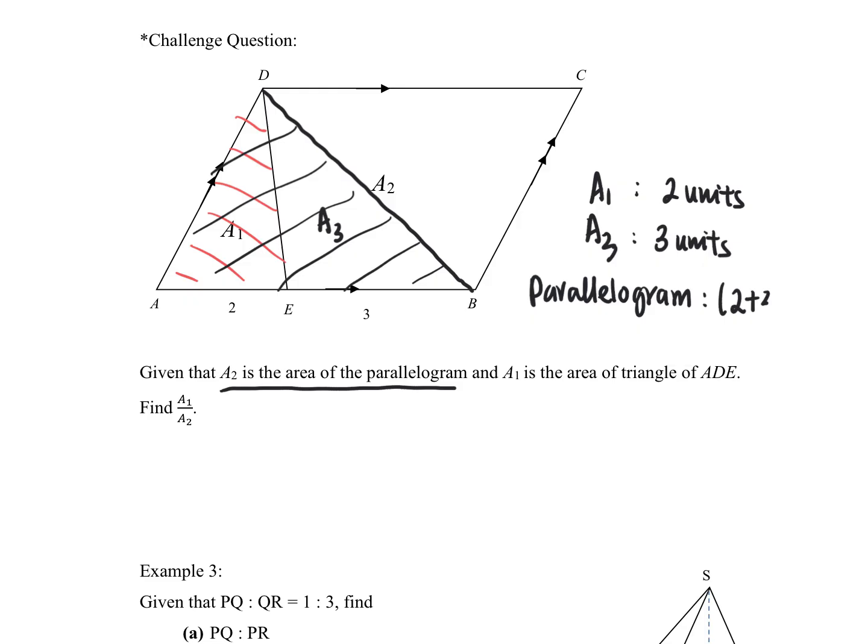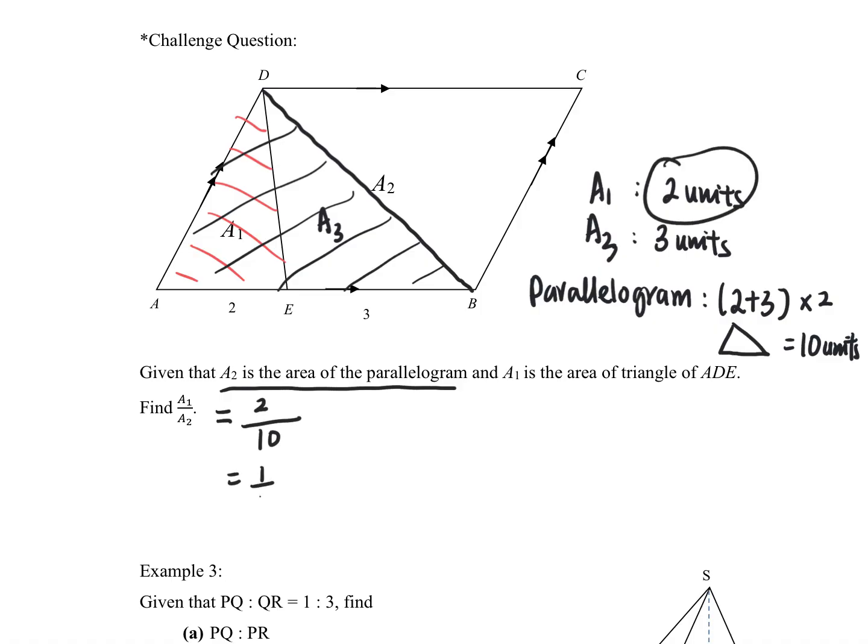So 2 plus 3, this is half of it. This is half of it, you times 2. So the whole parallelogram is 10 units. So all they want to see is A1 is 2. The whole parallelogram is 10. So the ratio is 1:5. So you just need to be able to tell them the ratio.